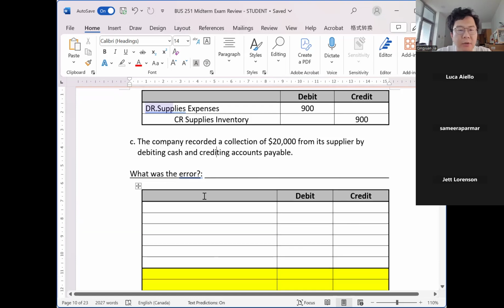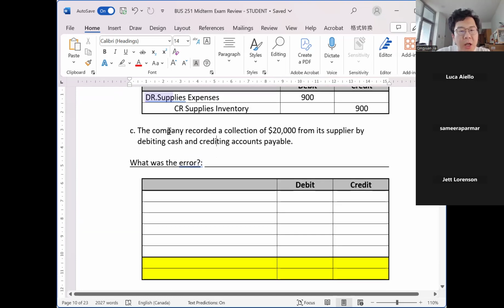Okay, so let's move to the next question. The company recorded a collection of 20,000 from its suppliers by debiting cash and crediting accounts payable. So this is wrong, right? Because you are collecting the money or the cash from your suppliers, but you used accounts payable. You should use accounts receivable.